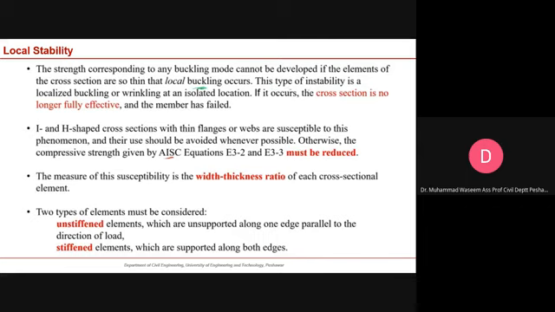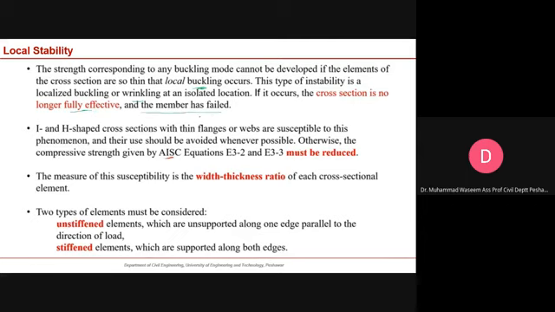This type of instability is called localized buckling or wrinkling, and it occurs at an isolated location. If it occurs, the cross section is no longer fully effective, and the member is assumed to have failed.